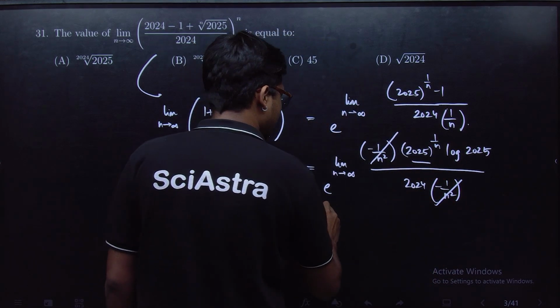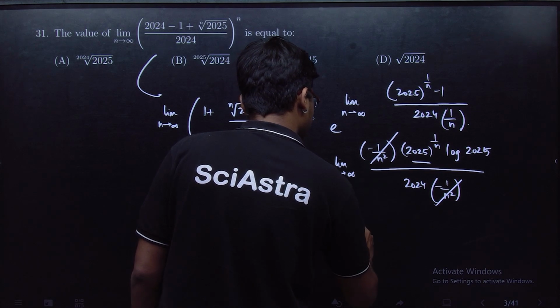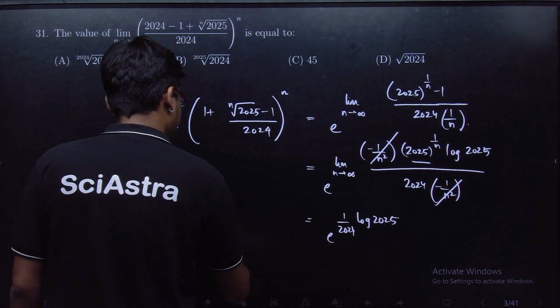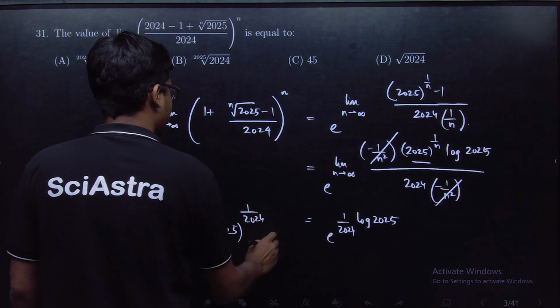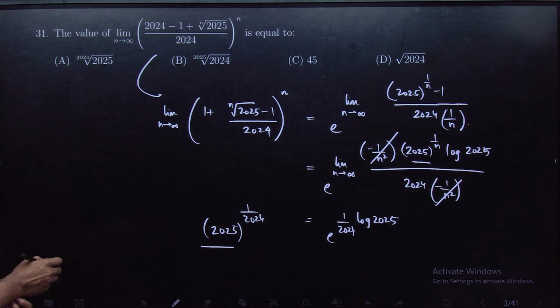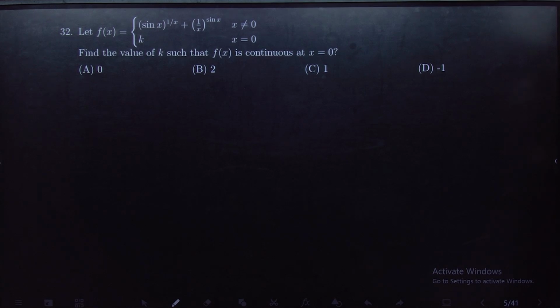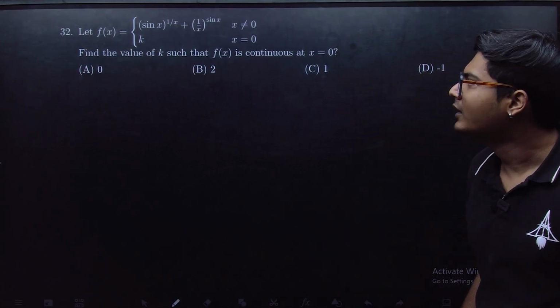So ultimately what you're left with is e to the power 1 by 2024 log 2025, which is nothing but 2025 to the power 1 by 2024. So that is the final value of the limit, which is option A, right? That is question 31. Coming to question 32. Find the value of k such that f(x) is continuous at x equal to 0. So f of 0 is given.